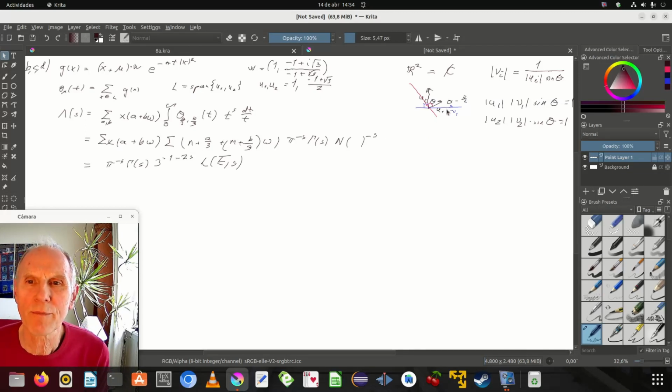So you can see V1, which was orthogonal to U2, is rotated to minus U2.